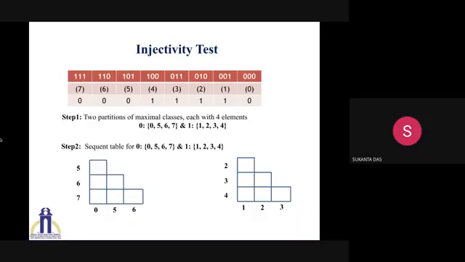This example we have taken for the surjectivity test, m equal to 3, right? And recall that this CA was proved as surjective. Rule 30 was proved as surjective, and this is a balanced rule.